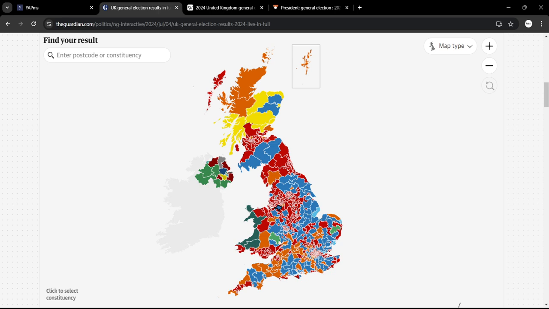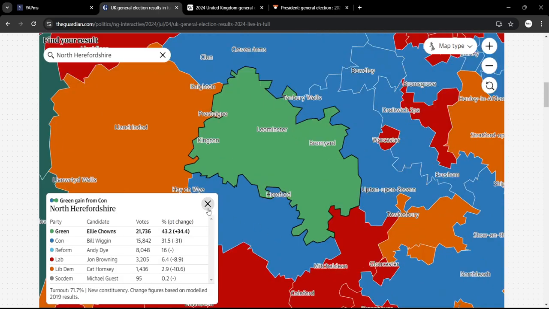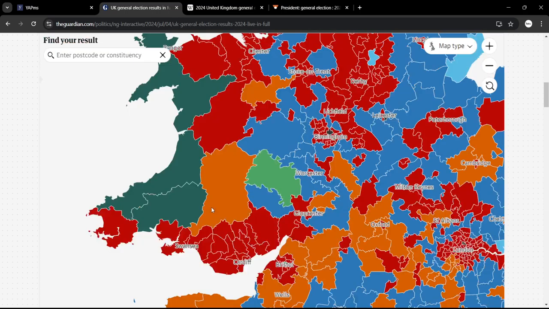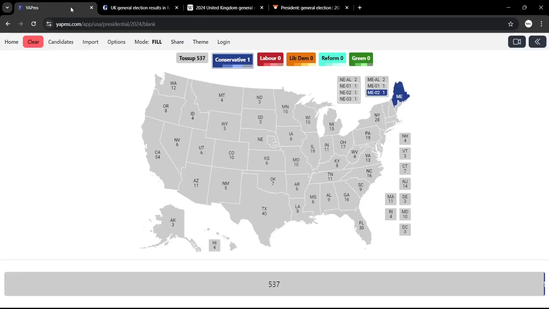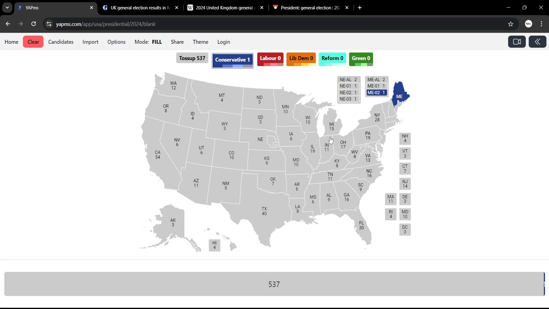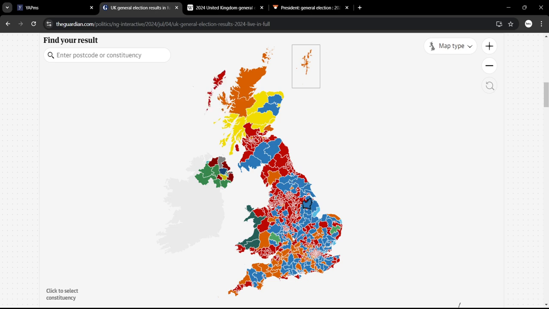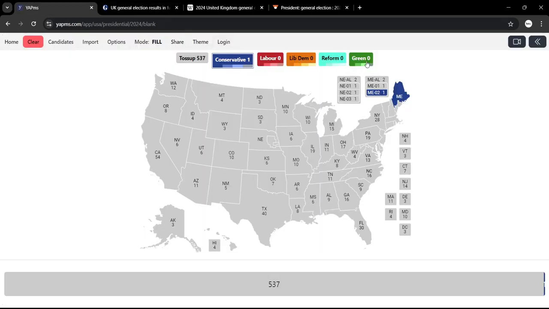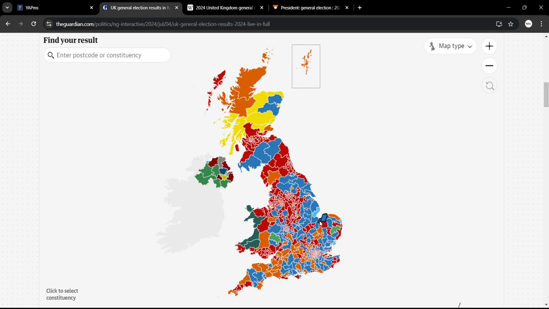It's not like Green Party focusing on North Herefordshire, which is tiny, and you could almost go door to door in these places. If the Green Party wanted to win Vermont, that's a big difference compared to winning Hereford. So really, are Green going to get any seats? Probably not. But they can impact the vote share.